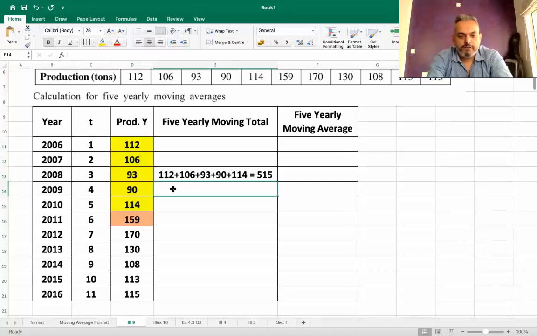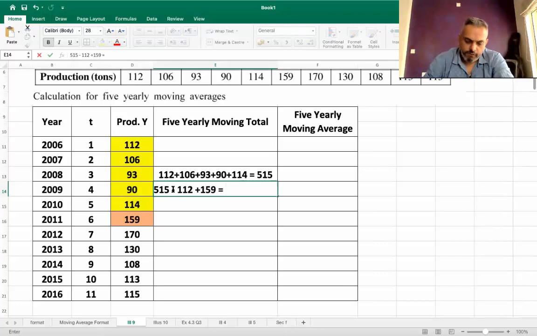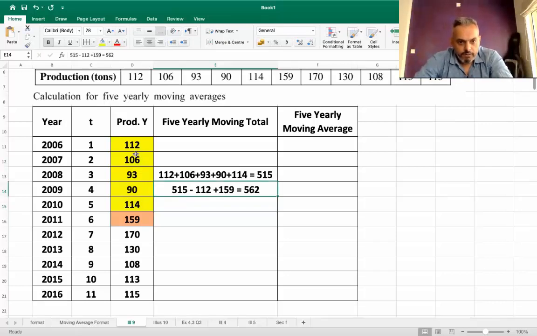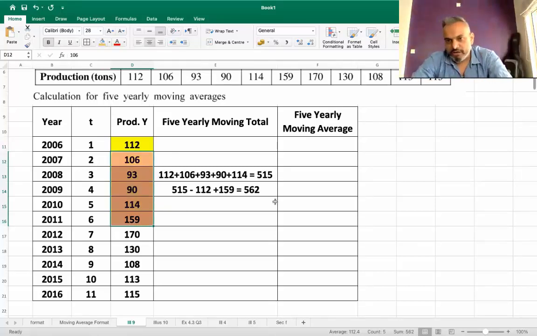So you will do 515 minus 112 plus 159, which is equal to 562. Let me check manually. Yes, 562. So you can go for either method. If you are not comfortable with plus and minus, then write all the numbers and do the total. If you are comfortable, then follow this plus and minus.